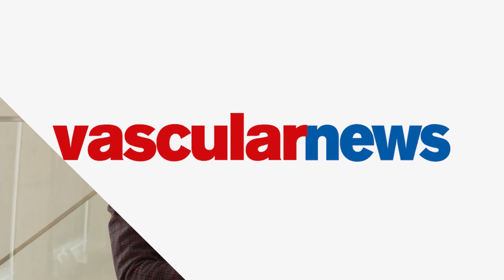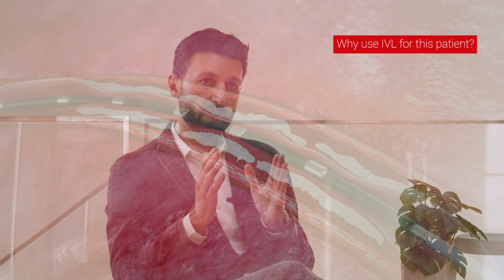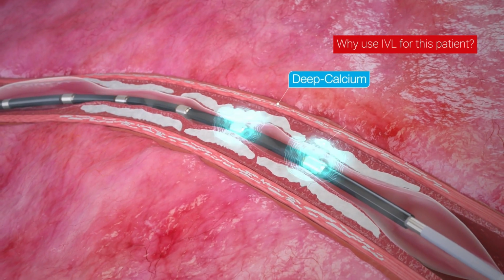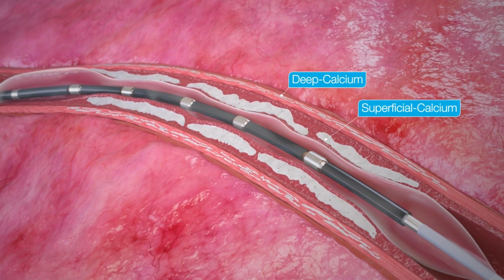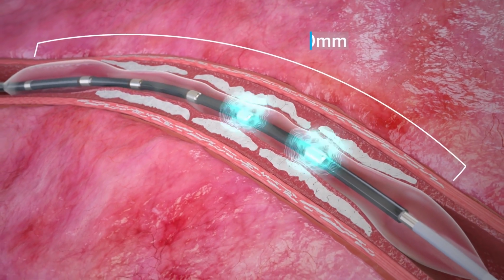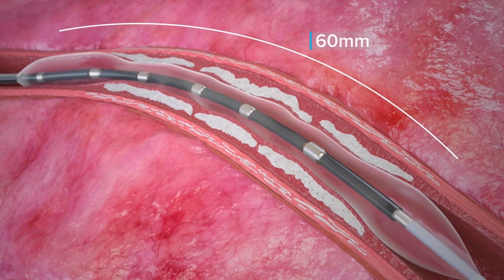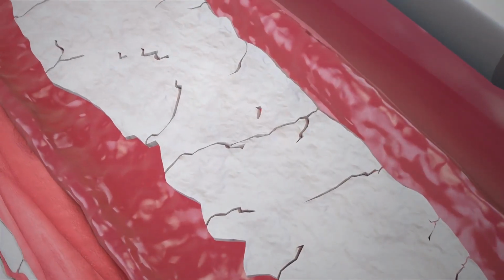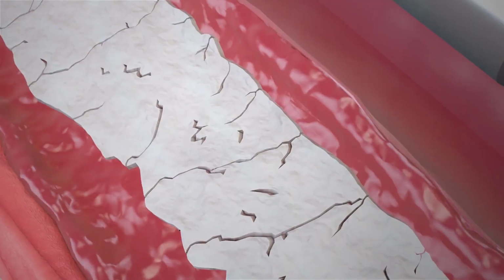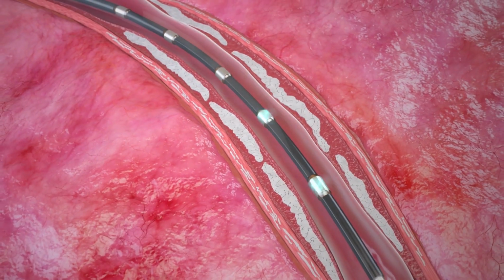The IVL catheter, thanks to the sonic wave and to the wall apposition of the balloon and the lumen of the artery, allows to make a fracture in the superficial area as well as in the deep area of the artery, modifying the elasticity of the artery and allowing us to advance a delivery sheath inside the artery and to manipulate and rotate the sheath as we want, because this is another big issue.